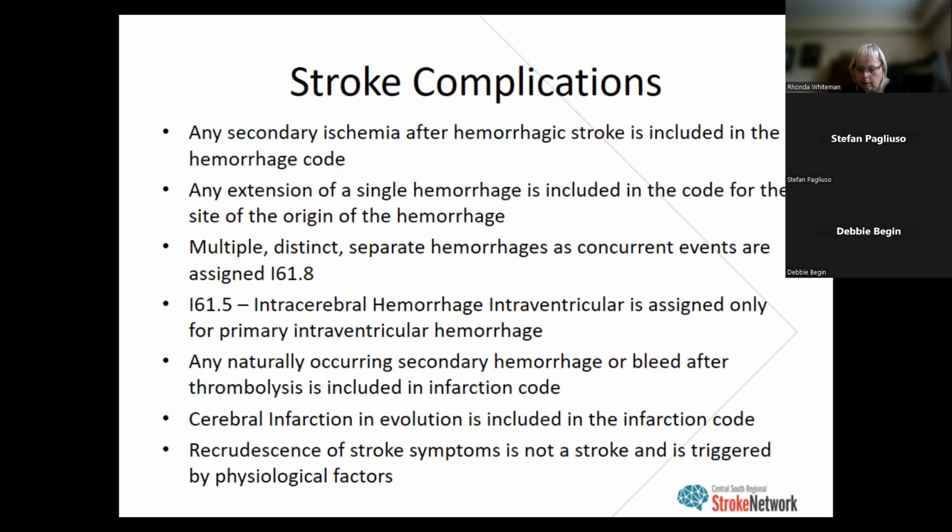Primary intraventricular hemorrhages may be caused by aneurysm, AVMs, or tumors in the choroid plexus. If we look at any naturally occurring secondary hemorrhage or bleeding after thrombolysis, it is included in the infarction code.